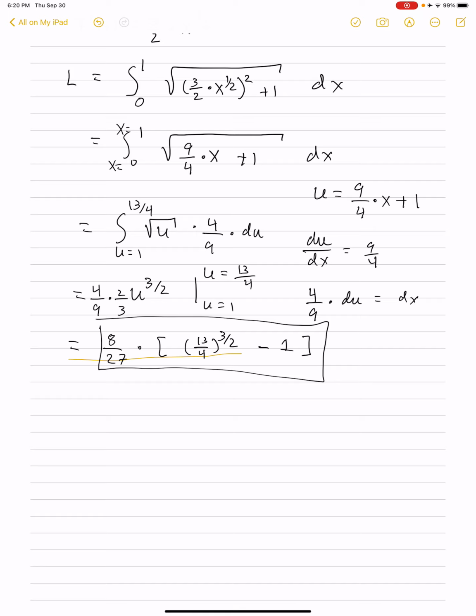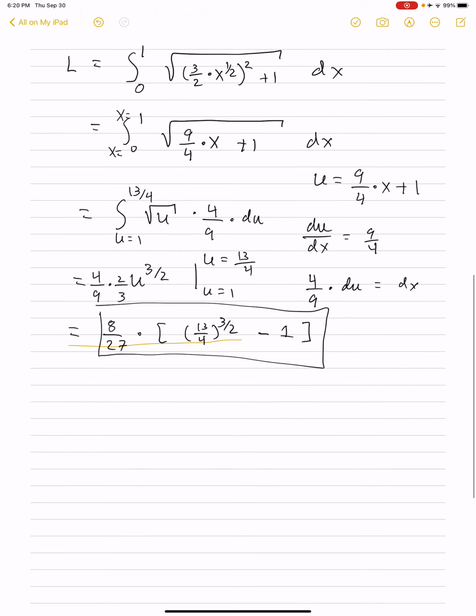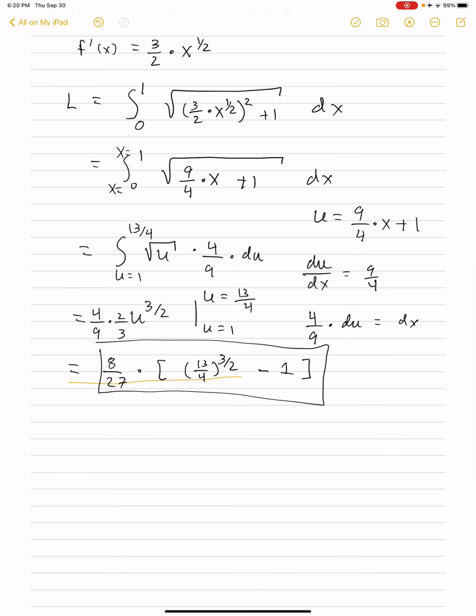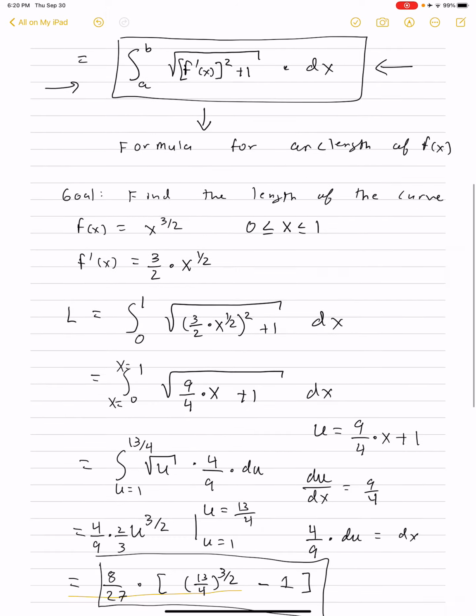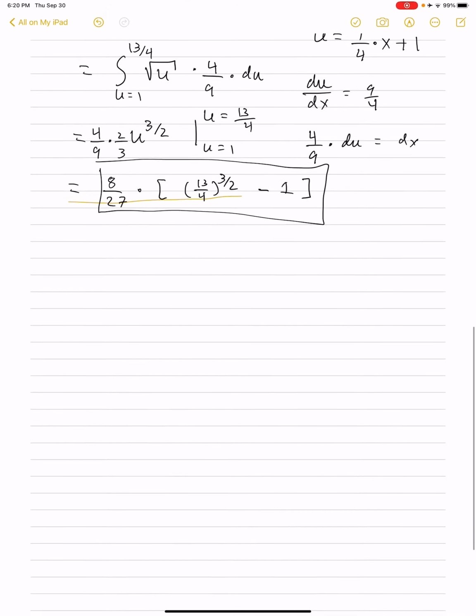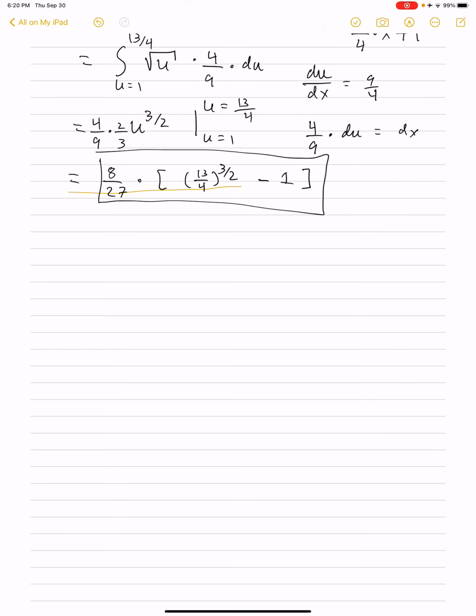I want to go through one more example and just mention a slight variant. One of the key takeaways from today is this formula right here. That's the formula for the length of the arc of a curve. However, we can also use another formula for arc length.